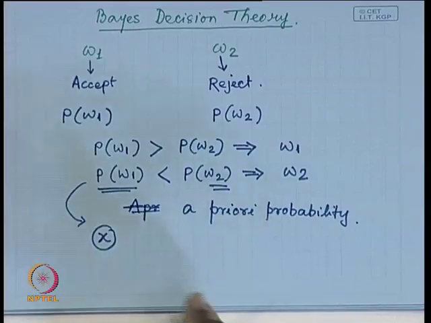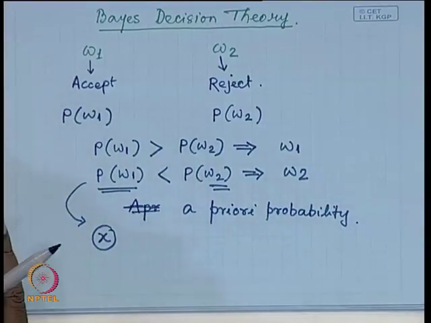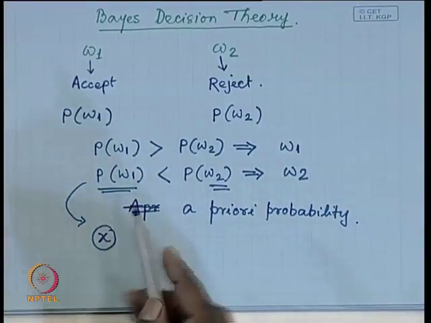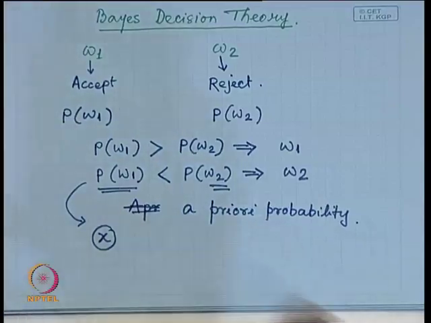I take some objects from class omega 1, that is the accepted objects, and some samples from class omega 2, that is the rejected objects. And I measure this feature x for those objects which belong to class omega 1, and I also measure the same x for the objects which belong to class omega 2.